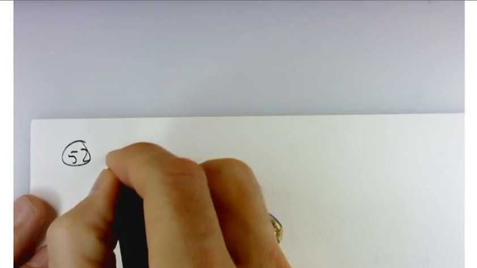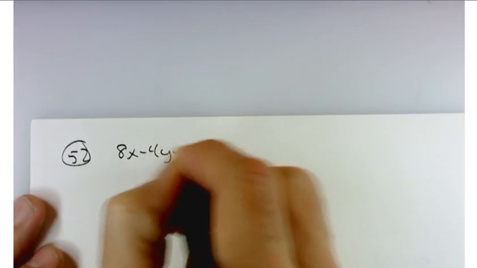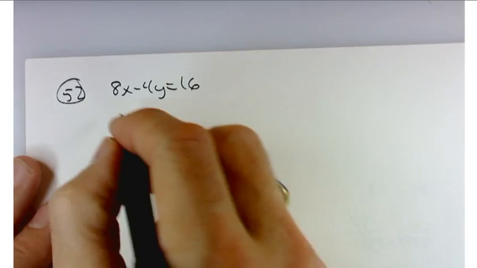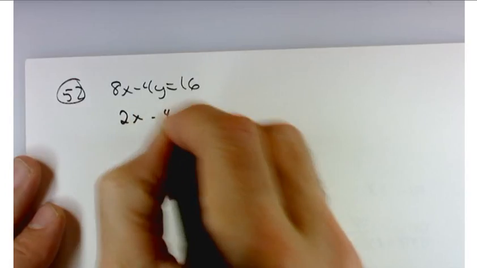Let's go back and do another one by substitution. So that one's going to be problem number 52. I'll get those equations up for you in just a second. 8x minus 4y equals 16. 2x minus 4 equals y.